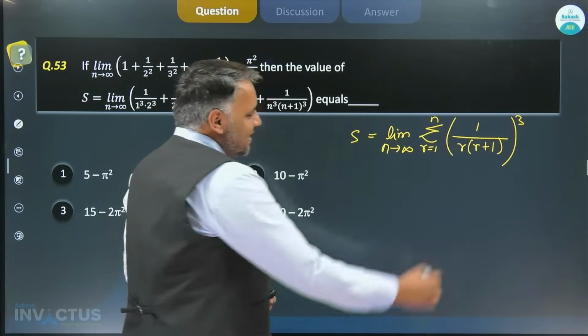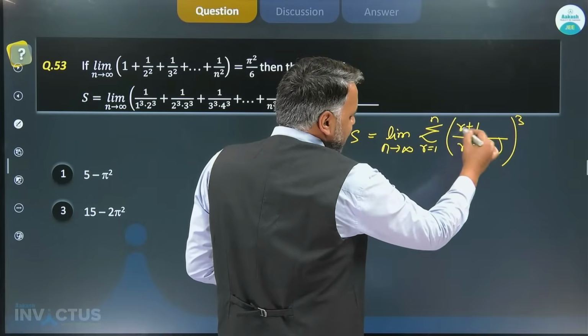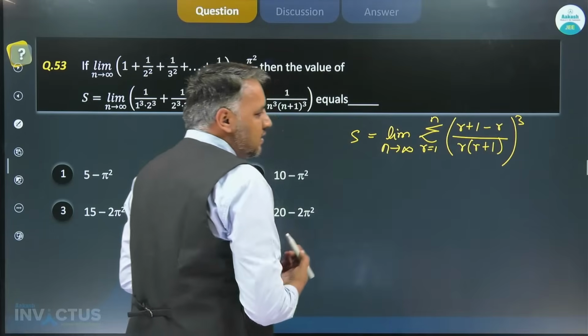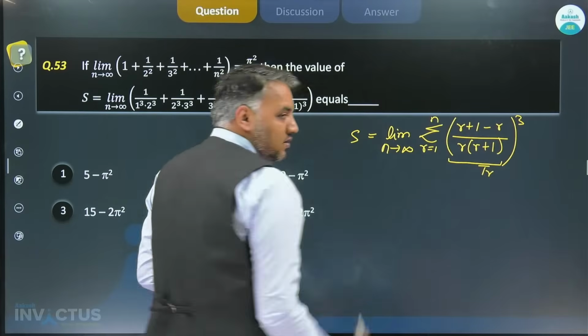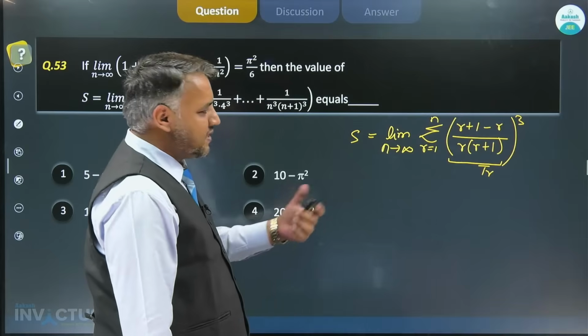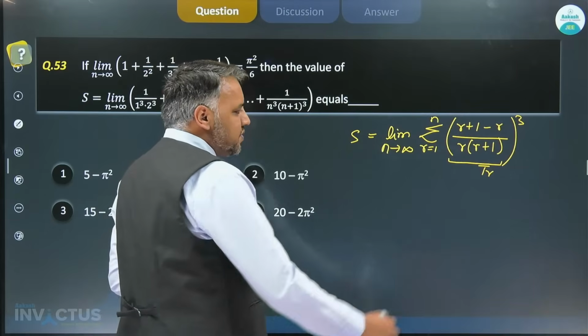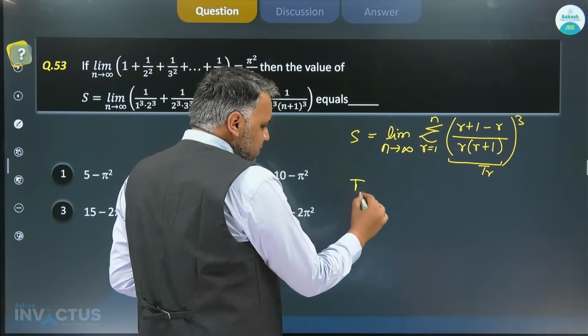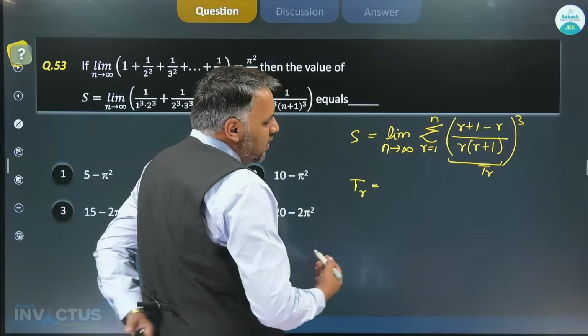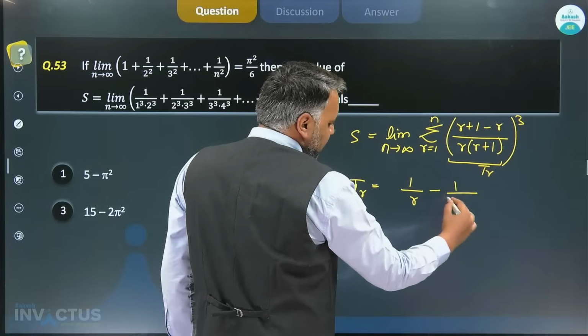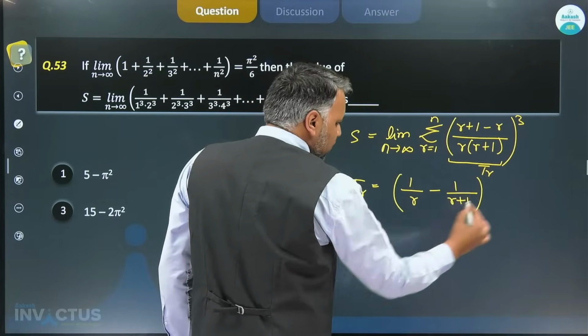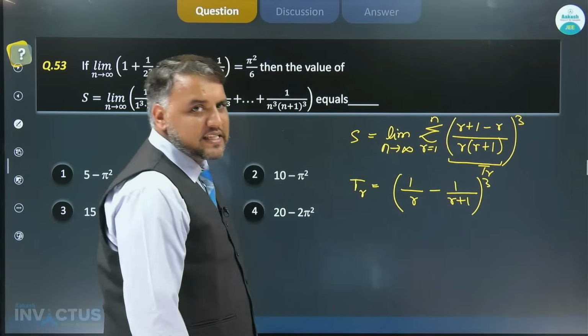Okay, now let's break this as r plus 1 minus r. So you can see, if we call this portion tr simply, we have to apply summation on tr, so let's observe only tr. So tr is 1 upon r minus 1 upon r plus 1 whole cube. This is tr.